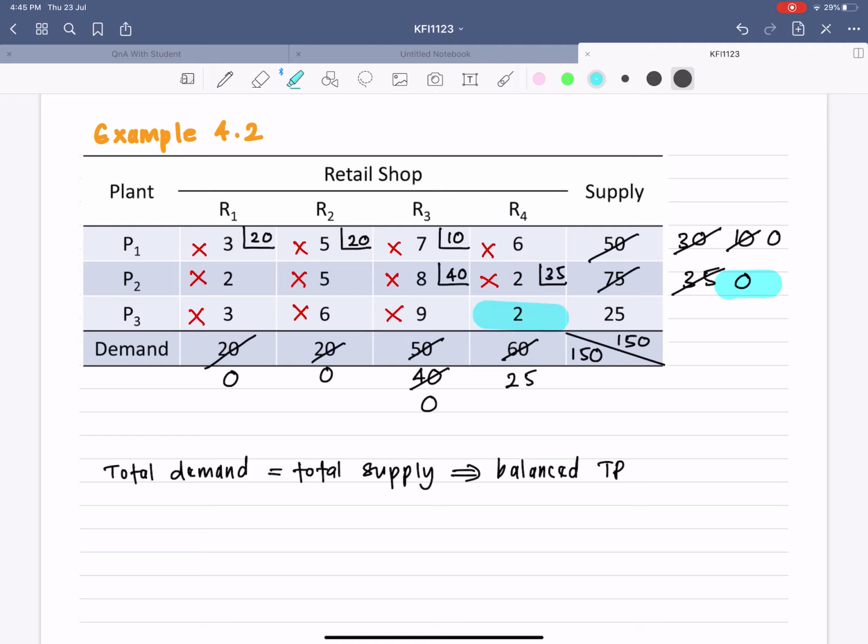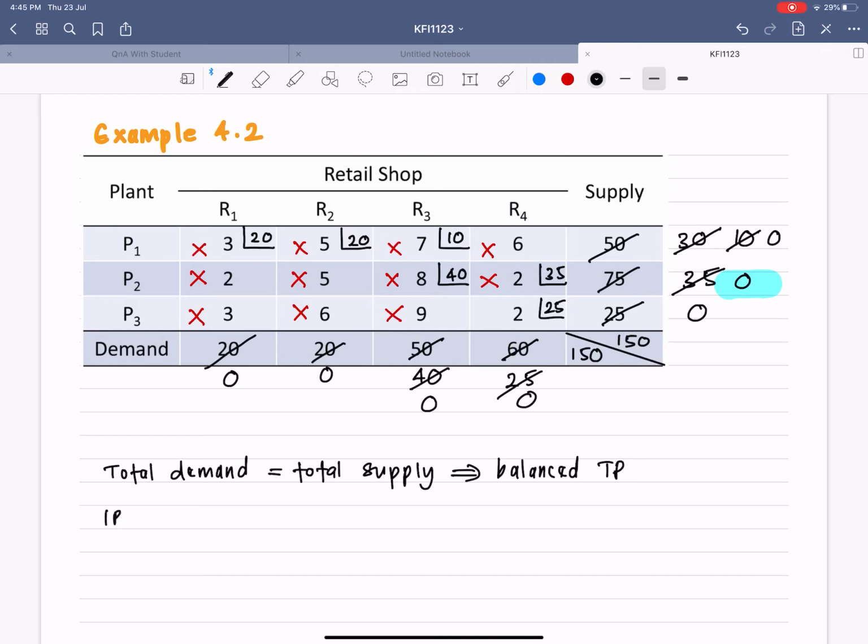There are remainders of 25 and 25, so we need to allocate 25 in the final cell. 25 minus 25 is 0.